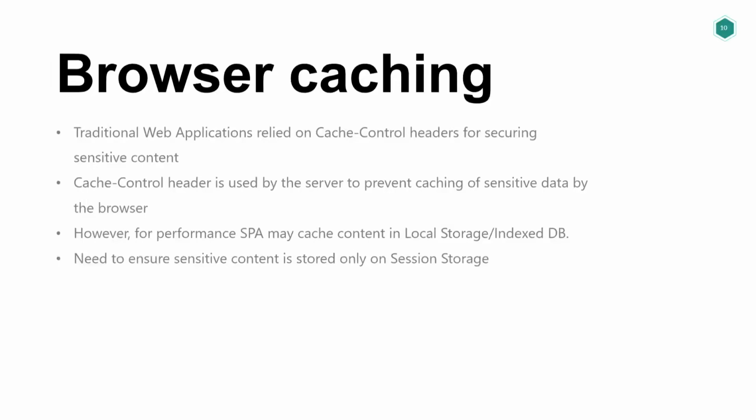But in the new world, cache control headers are not really relevant anymore, because even if you say cache control none, the JavaScript on the page could still store sensitive data in local storage or session storage. So you have to look at other things, not just the headers coming with every request, to determine whether you are storing things securely.